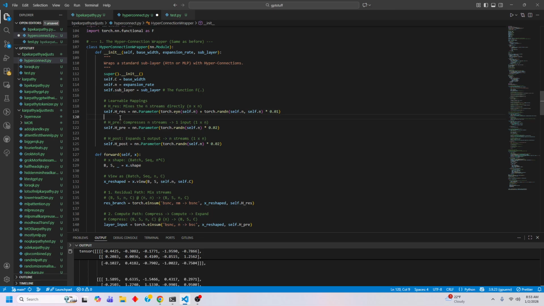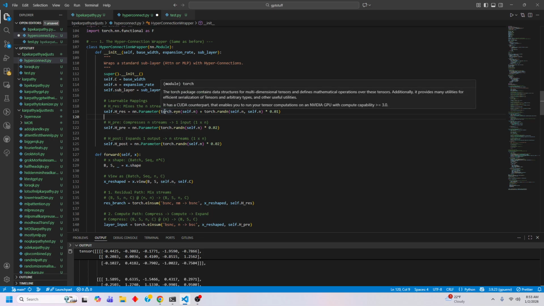Okay, so first HRes will be a tensor that puts it into parameters, so basically a layer that can have gradients and all that.